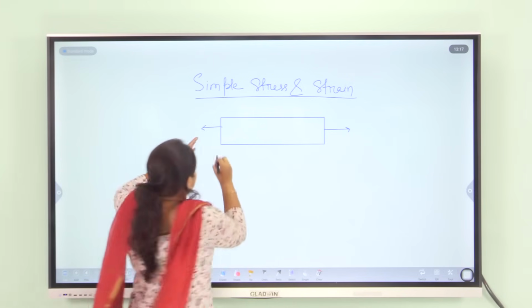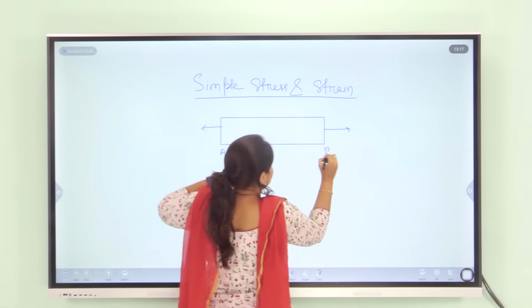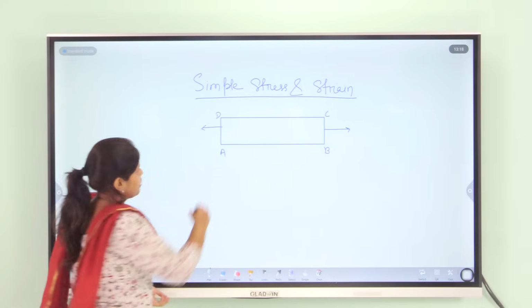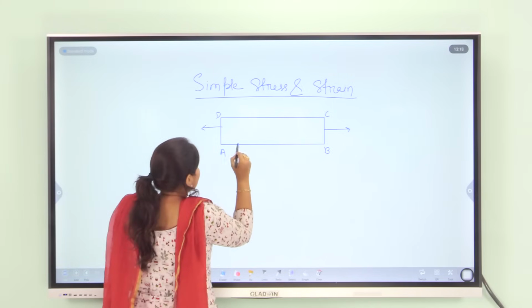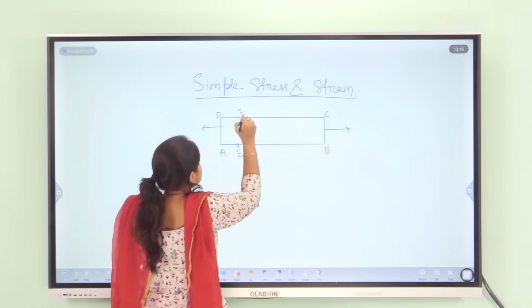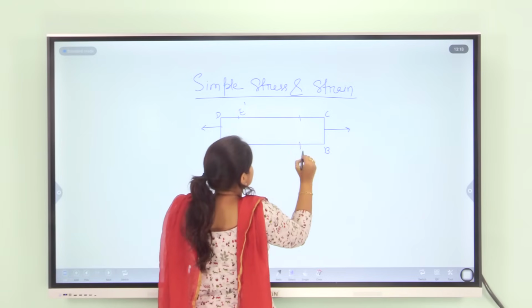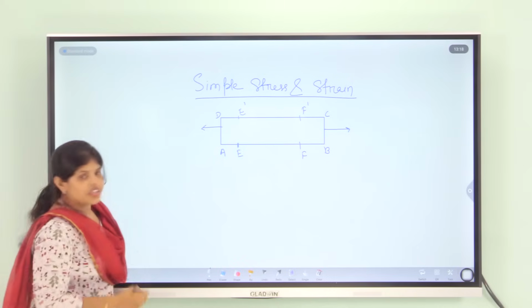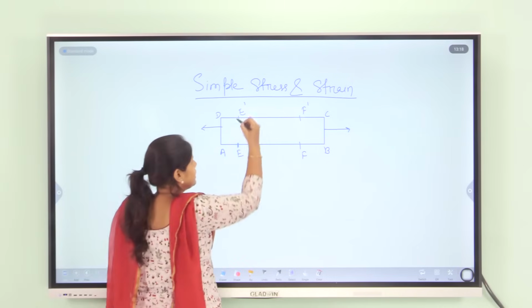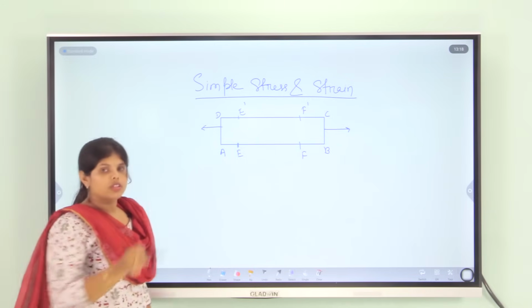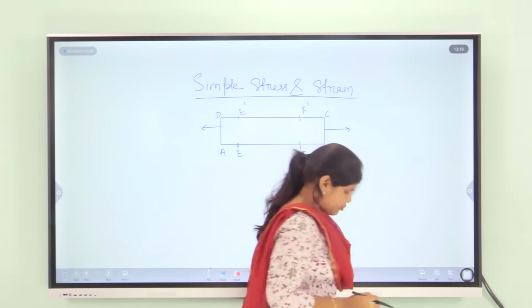If ABCD is your prismatic body, here it is E dash and this is F dash. So, the cross section along E dash and F dash is the same. So, this is called the prismatic body.